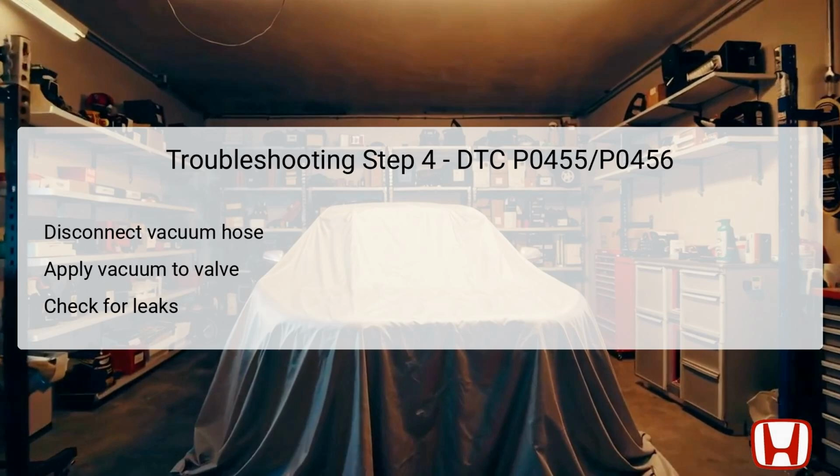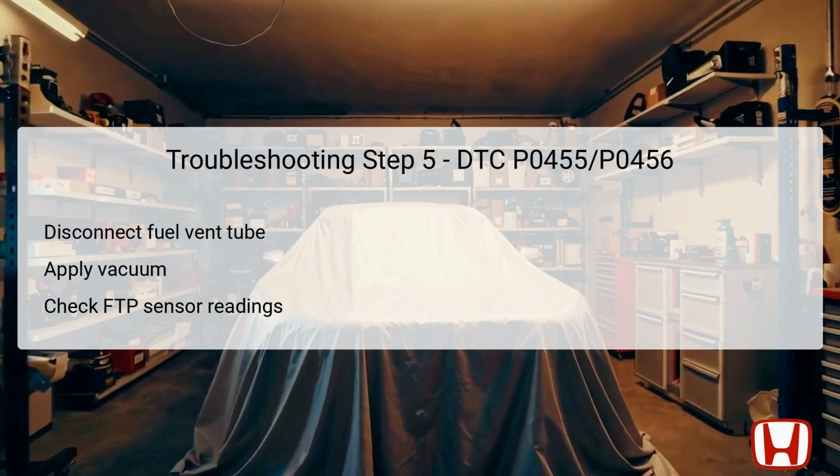It is essential to observe whether the vacuum holds steady for at least 1 minute. If vacuum can be maintained without any leaks, this indicates that the valve is functioning correctly, allowing vapors to pass to the engine efficiently. On the contrary, if the vacuum does not hold, it suggests a leak present at the EVAP canister purge valve, necessitating its replacement.